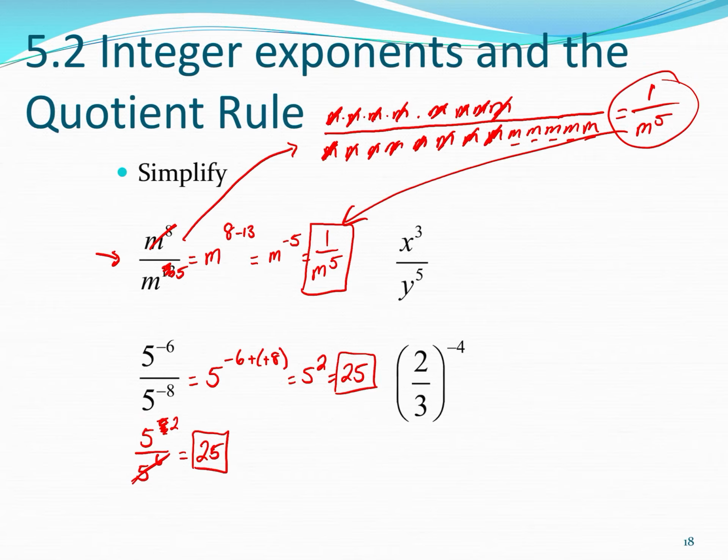So those 6 on bottom cancel 6 of the 8. Means there's 2 left. Now, pay attention to where those 2 5s are. They're on top, right? And so on the top, we have 5 squared, which is 25. And so we're able to get our answer. And not very many ways that you would make a mistake if you do it this way.